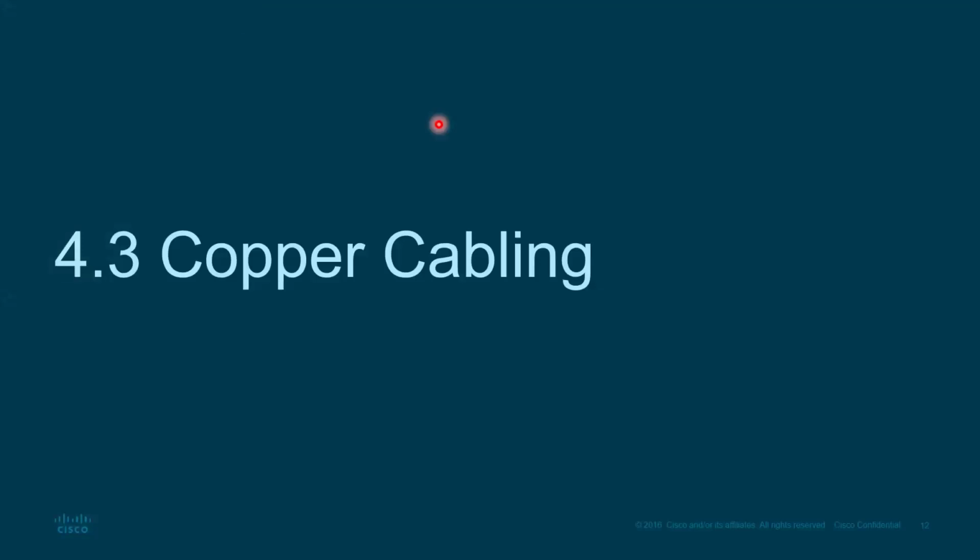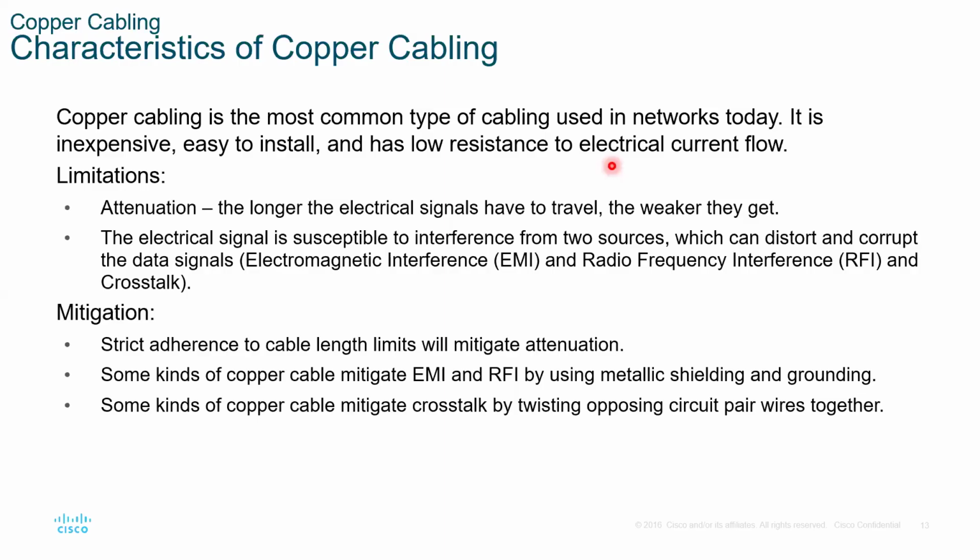To end up, cabling. For types of cabling, we have copper cabling. Copper cabling is I think one of the most used types of medium. It used to be very efficient until fiber took over.